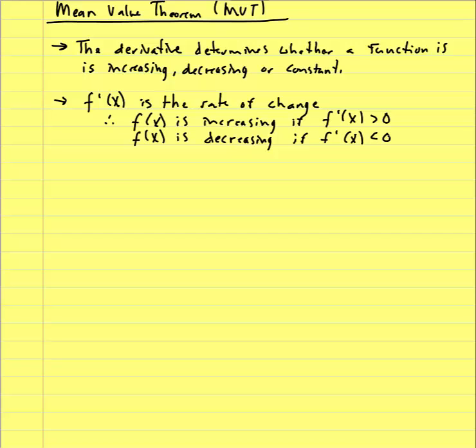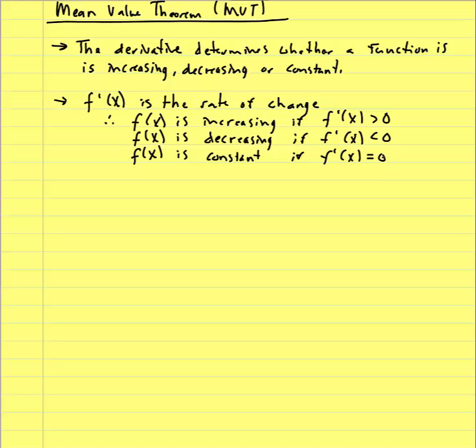Now, if my derivative is equal to 0, so notice I have less than 0, greater than 0, but what about equal to 0? Then I have constant. F of x is constant if my derivative equals 0.